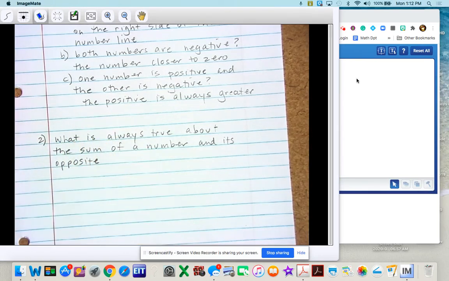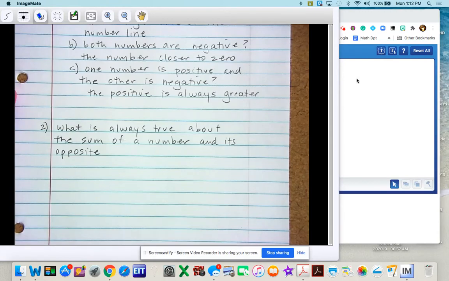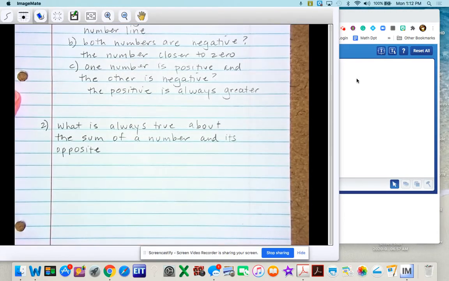Let's say I had 10 and the opposite of 10, negative 10. What would the sum of those two things be? So let's say it goes up 10 degrees and then back 10 degrees. Or let's say I've got -5 and then +5.